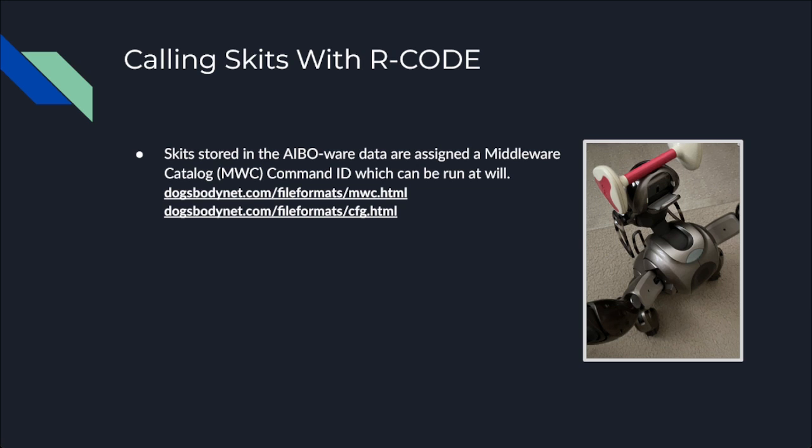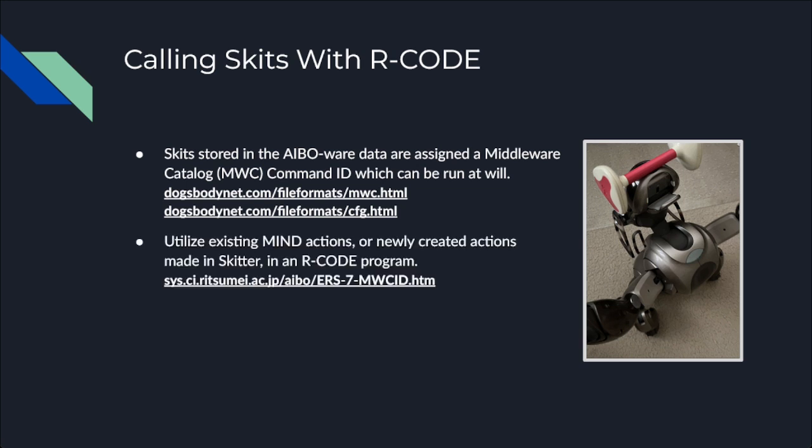It allows you to run these skits at will. Dog's Body Net has some more information about how middleware catalog works. And you can utilize the existing functions that come with Mind, or you can create new skits with Skitter and integrate that with your R code program.